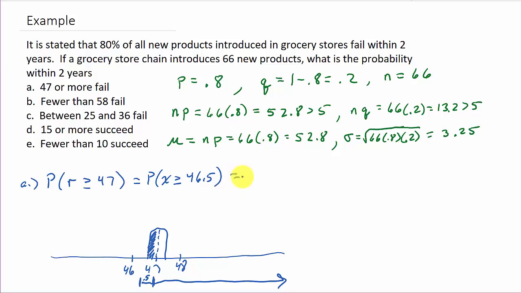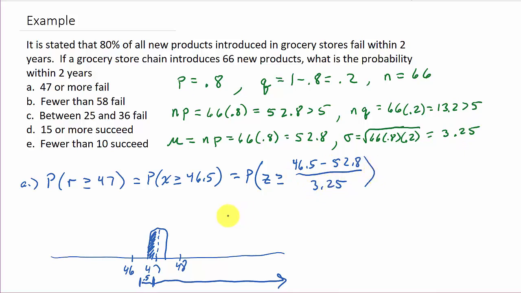And now what do I have to do? I have to convert to my z-value so I can look it up on the normal distribution table. Remember, this is the probability that z is greater than or equal to, so remember that's going to be x minus mu, which is 52.8, over the standard deviation.